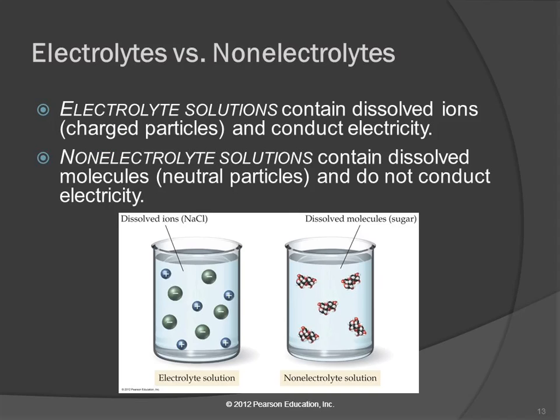In your body, you need electrolytes, dissolved ionic compounds. There's a lot of electrical activity that occurs in your body, and a lot of other things that require these ions to be there. Sodium ions, chloride ions, potassium ions in particular. So that's what electrolytes are.